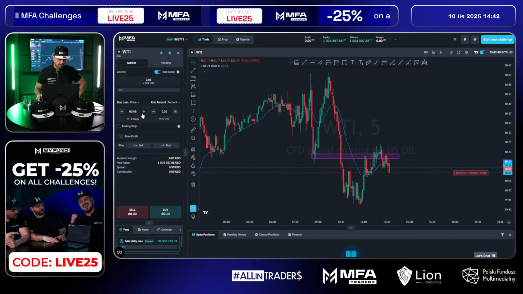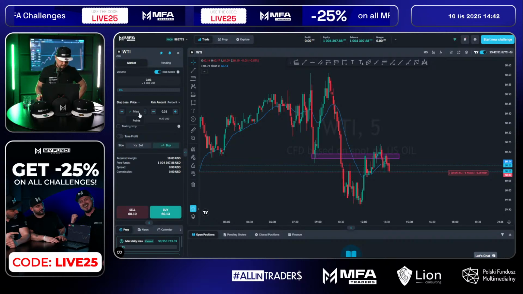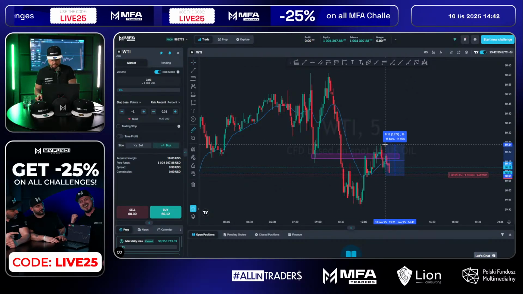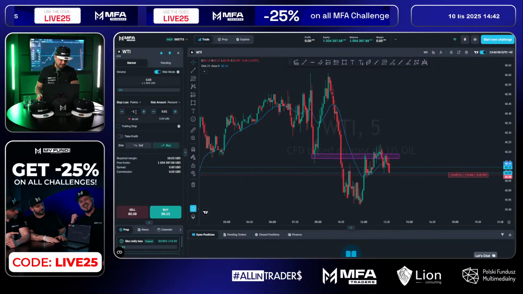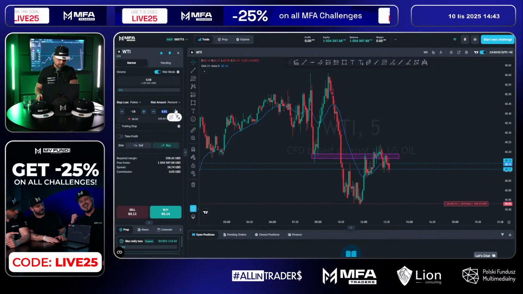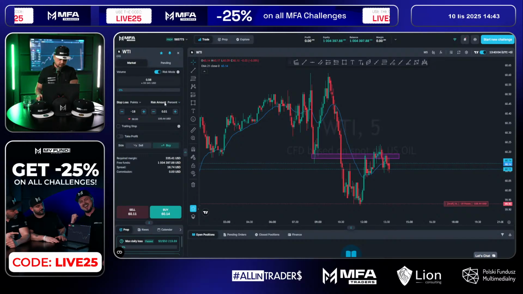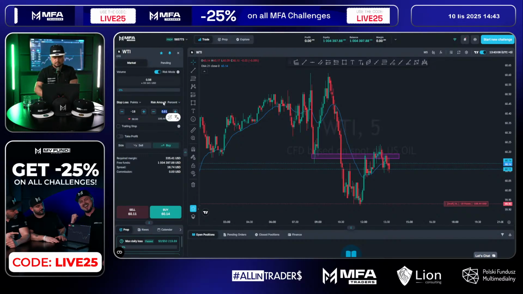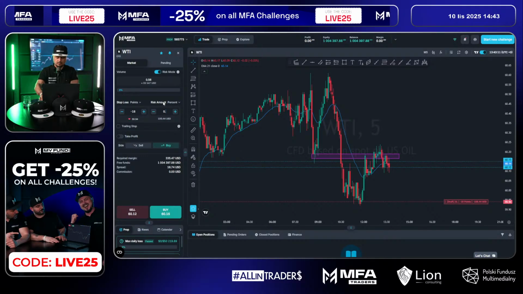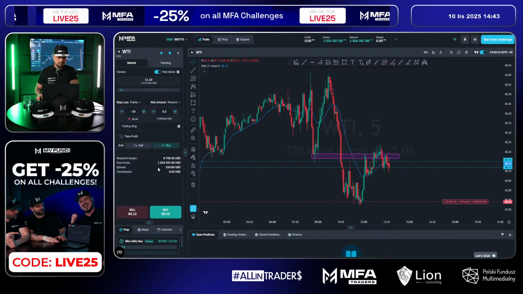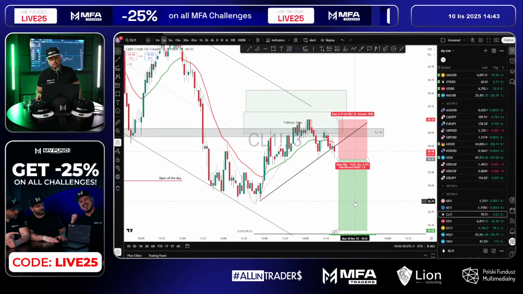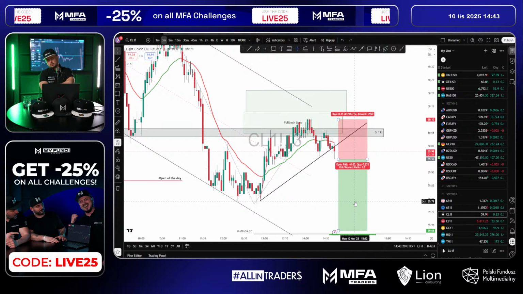Risk mode, market, price points. We want around 17, 18 pips maybe. Come on, one candle. One candle.